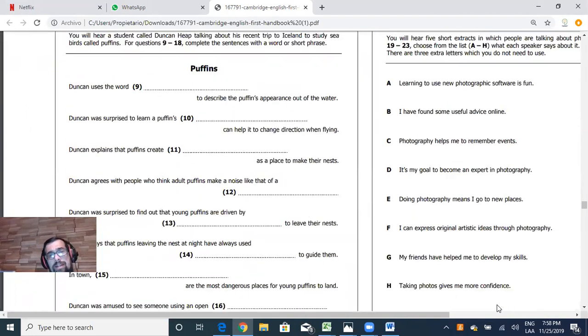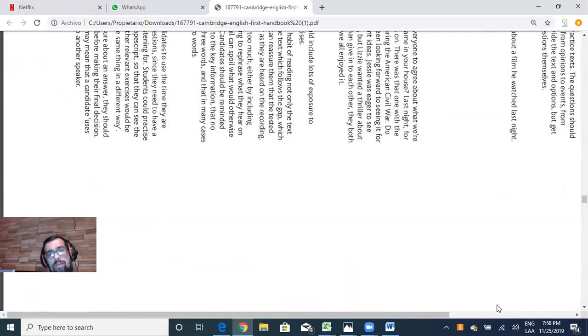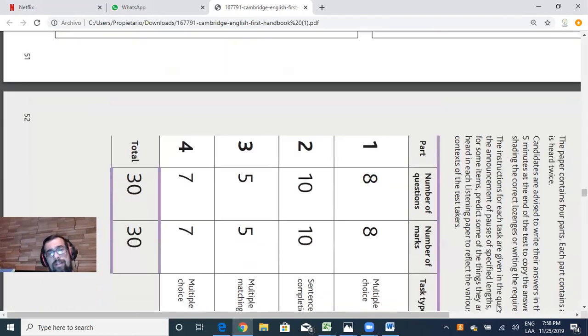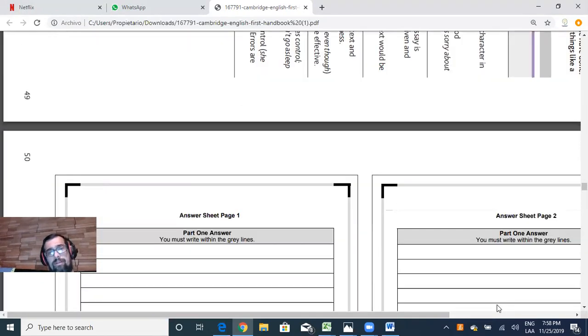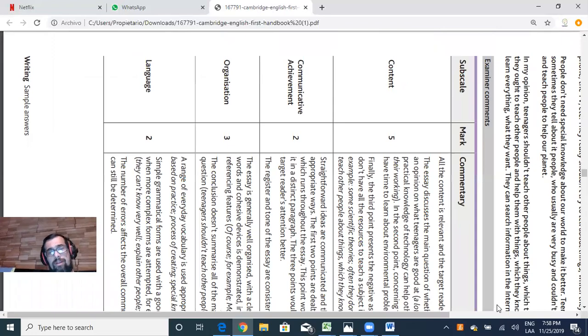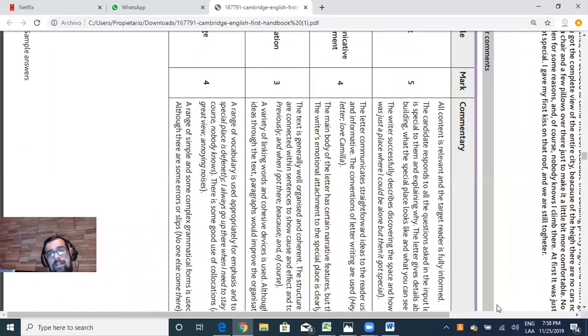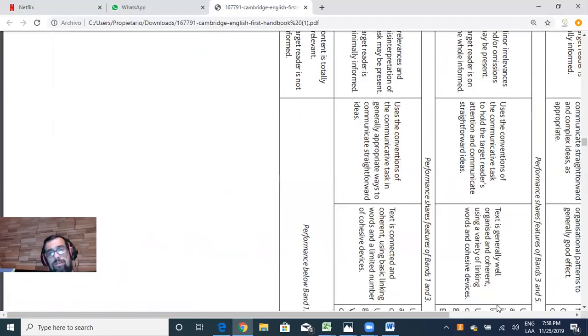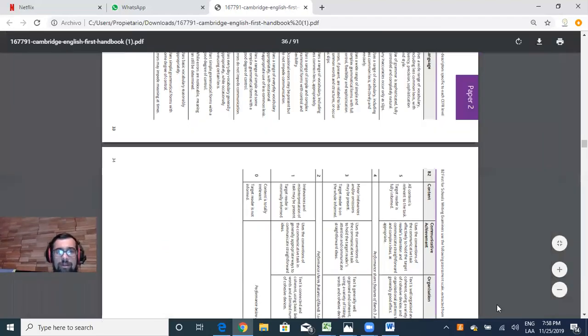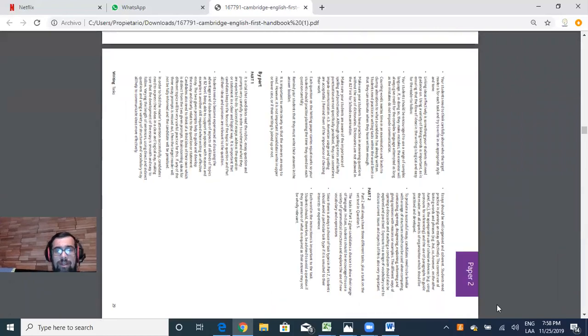Let's practice very quickly just part of the use of English test that I would like you to do. Give me a second here. See here. Give me a second.